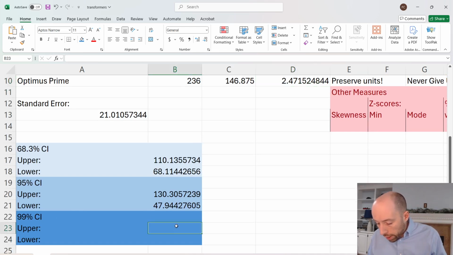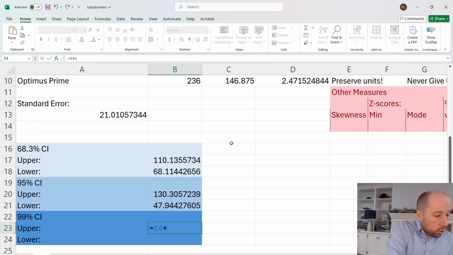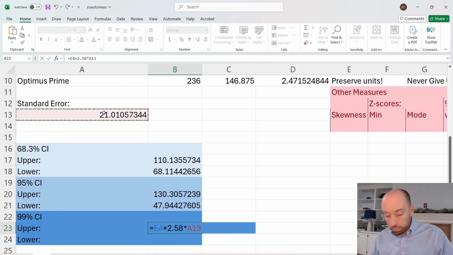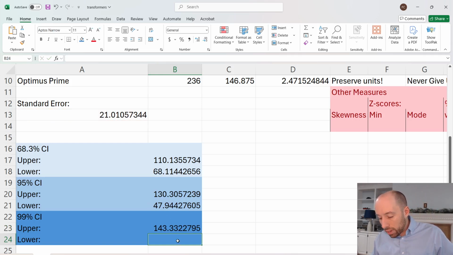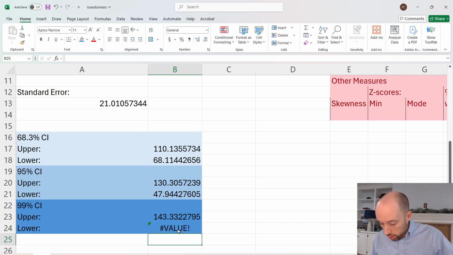Okay, so upper bound will be equal to my sample average plus 2.58 times my standard error, which is 21,143. How about that? And I'll take that exact same number, I'll drop it in here, but this one I would like to be minus.